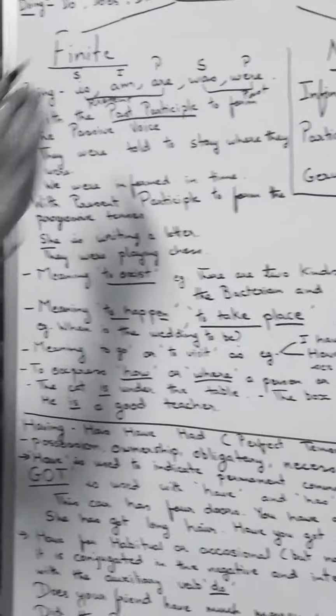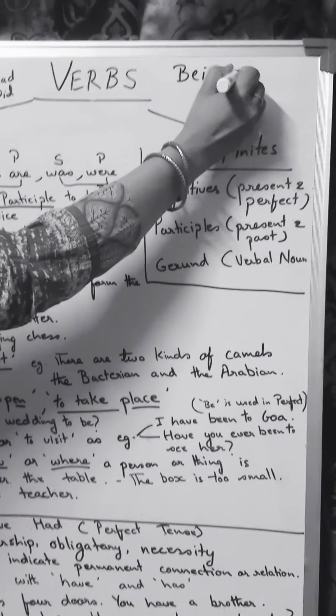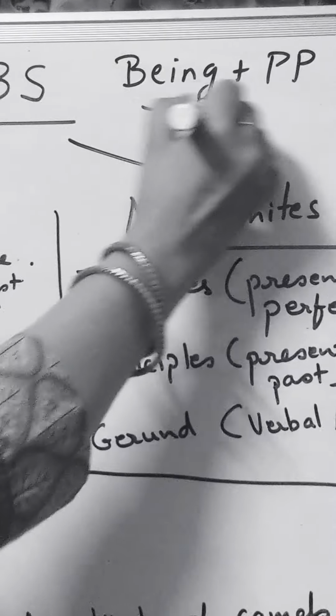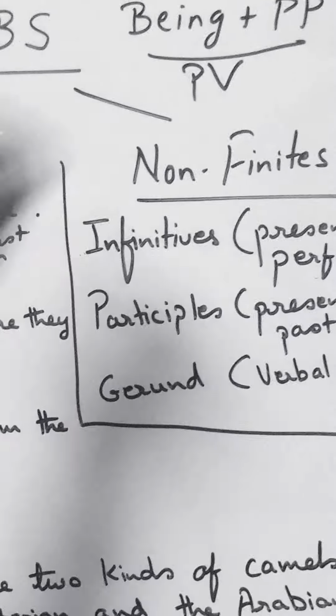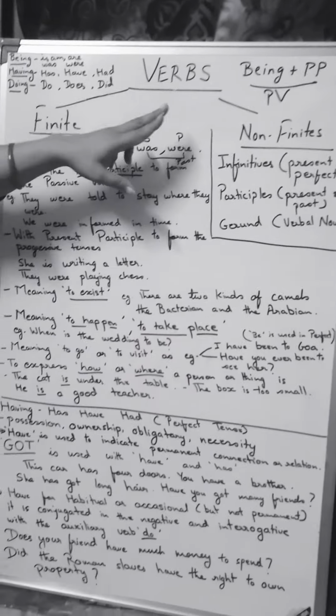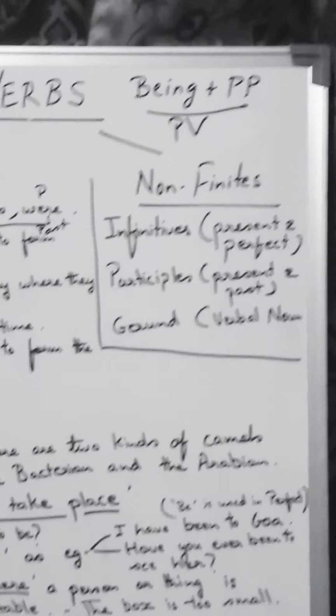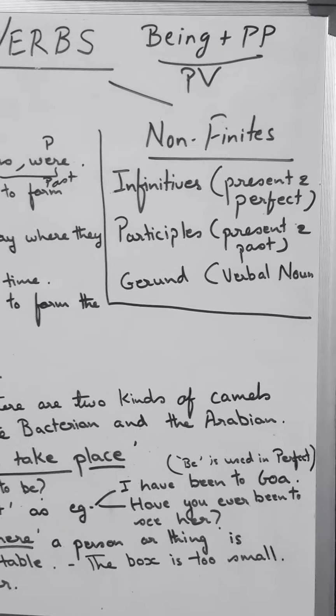Mind it, whenever we use being form plus past participle, that points to passive voice. This is a rule. Don't forget that. Being form plus past participle makes up the passive voice.